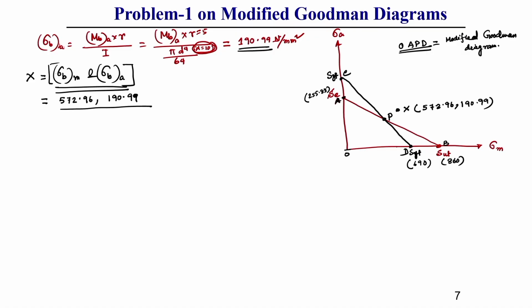But if the point lies outside the modified Goodman diagram, it will not be safe, but it can be subjected to some number of cycles. How to find out that number of cycles is another step we need to discuss now.